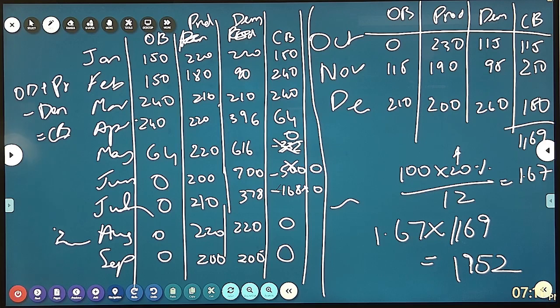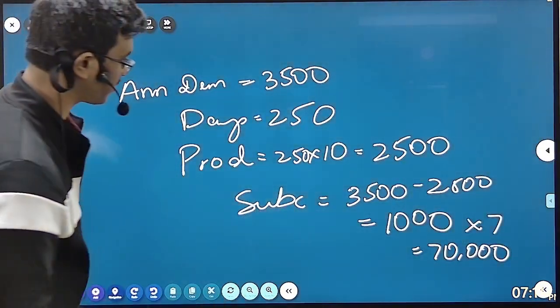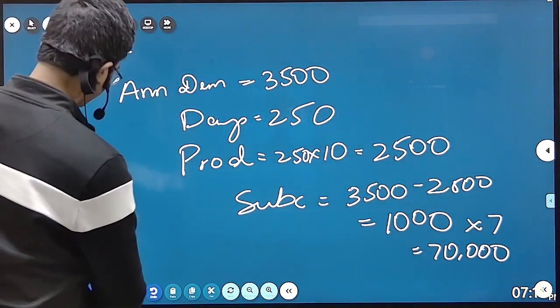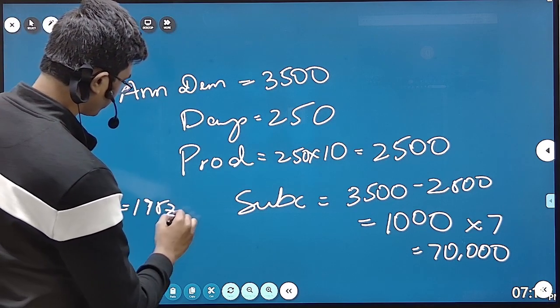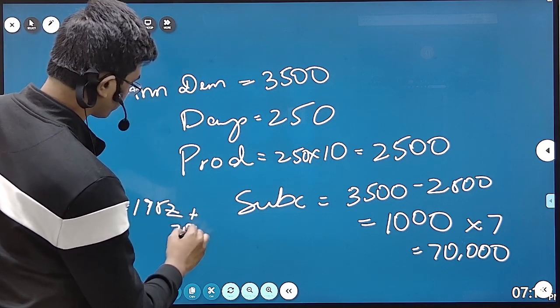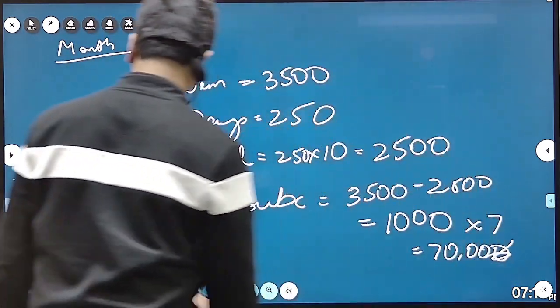So it is 1952 plus, we have calculated the subcontracting 7,000, right? So in plan 3 it is 1952 plus 7,000.